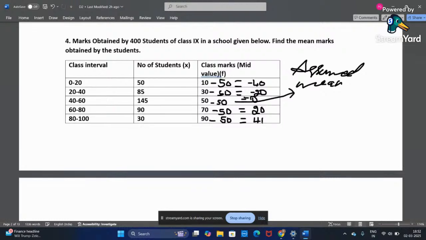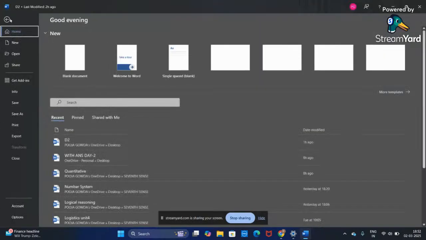Instead of taking 50, you can take any of these numbers. Then we have to multiply these f values with these values. We'll try now.